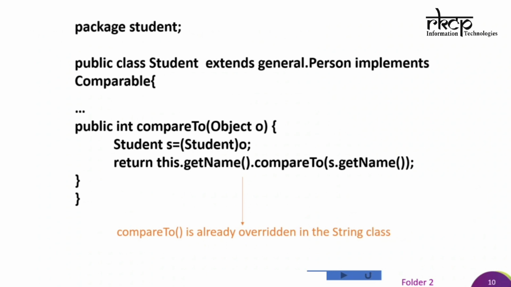How are you comparing? You take your Student class object that you are passing, and then you take the first object dot compareTo this second object. Suppose someone asks you to perform sorting based on the name or the age, then you call that method, and based on that it will do the comparison and perform the sorting.